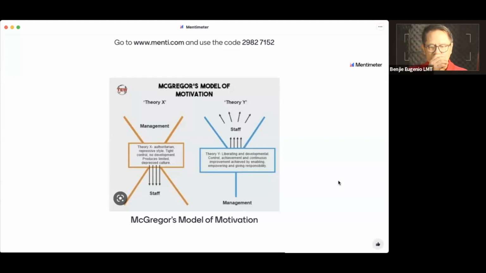Okay? So McGregor's theory suggests that managers' assumptions about human nature and behavior in the workplace can significantly impact employee motivation and job satisfaction. By adopting the theory Y approach and treating employees as responsible and capable individuals, managers can create a more positive work environment and motivate employees to achieve their full potential.